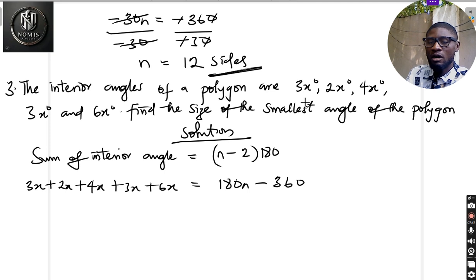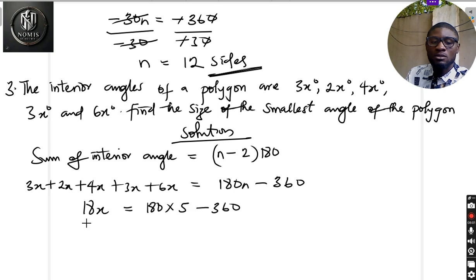So how many angles do we have here? 1, 2, 3, 4, 5, 6. Since we have 6 angles, we should have 6 sides. So we have 3x plus 2x, 5x, 5x plus 4x, 9x, 9x plus 3x, 12x, and 12x plus x is 13x, plus 6x, we have 19x.